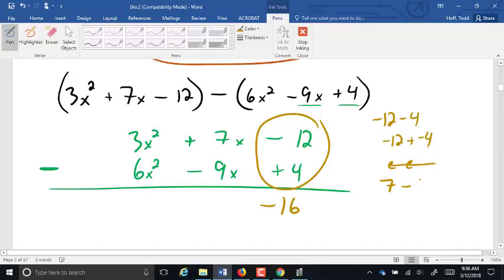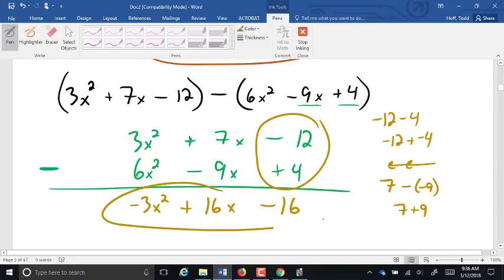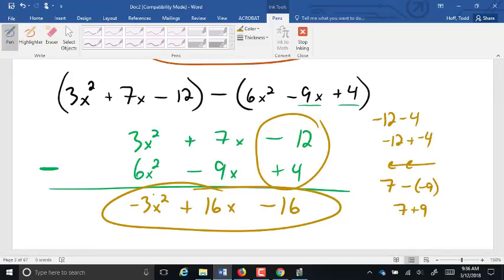So 7 minus a negative 9 becomes 7 plus a positive 9, which is positive 16x. And 3x squared minus 6x squared, negative 3x squared. Remember it's subtraction. Those can be kind of tricky because of the negatives.